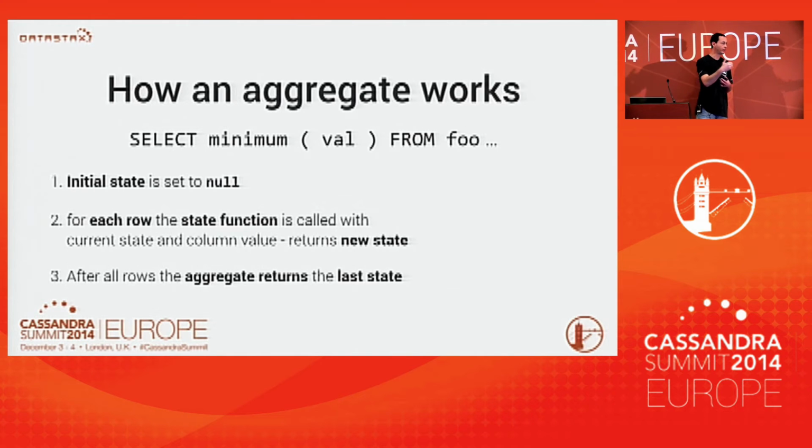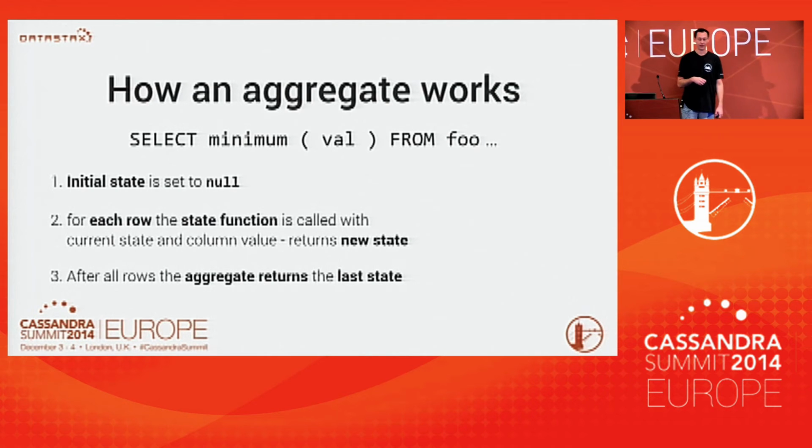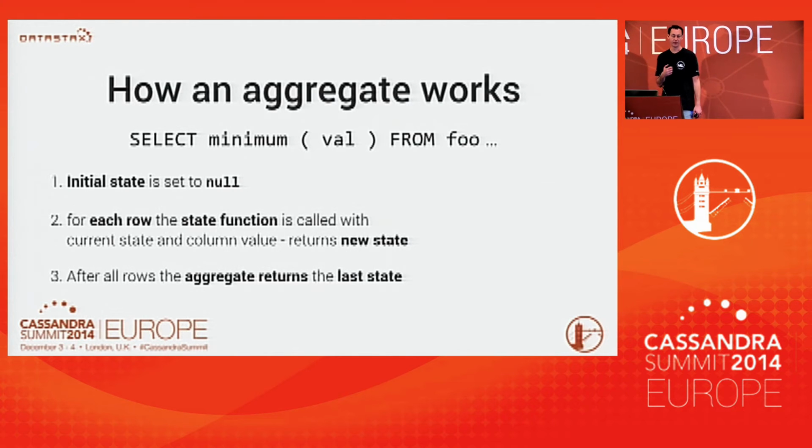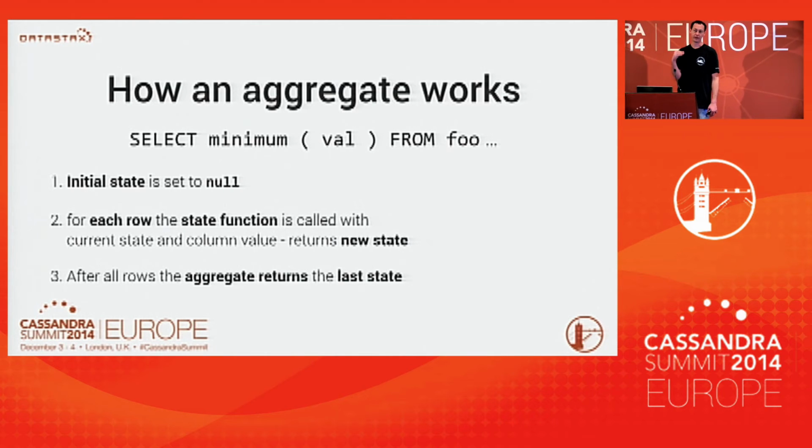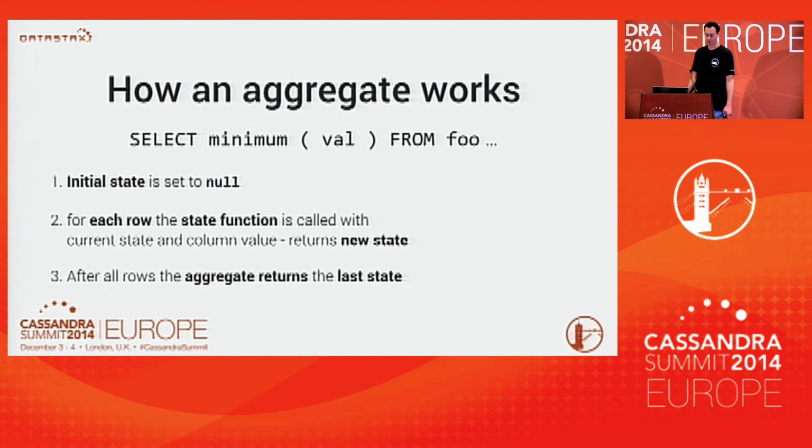For each row that will be scanned, it gets a state in, including the value of the row, calculates a new state, returns it, and the last state will be the return value. So what you previously had to do is scan all rows, return them to your client, and calculate the minimum on your side.